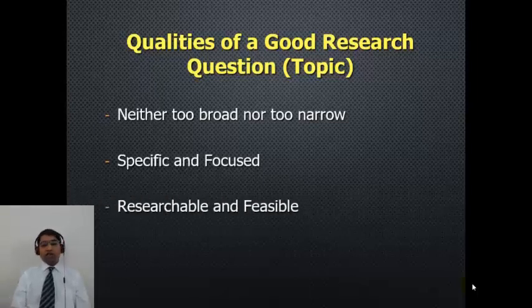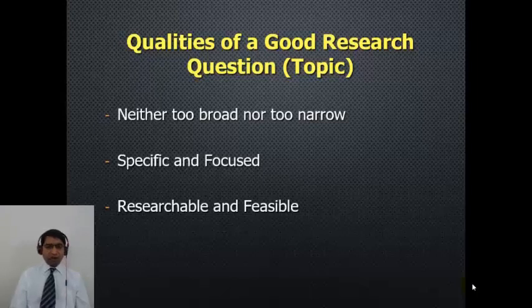Again, it should be researchable and feasible. Very, very important actually. Often a lot of students come to me talking about different research questions, and my question is always to them: do you really think you can get access to this kind of sample? Do you really think you can go to all those far off places that you have mentioned in your research area? Do you think it is feasible for you financially?